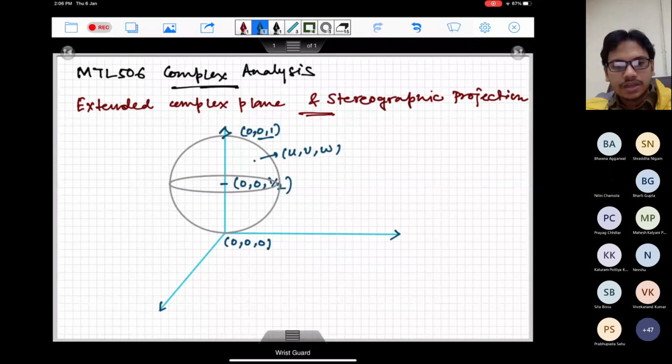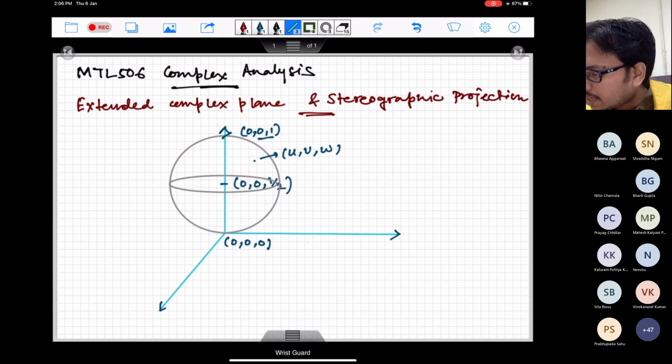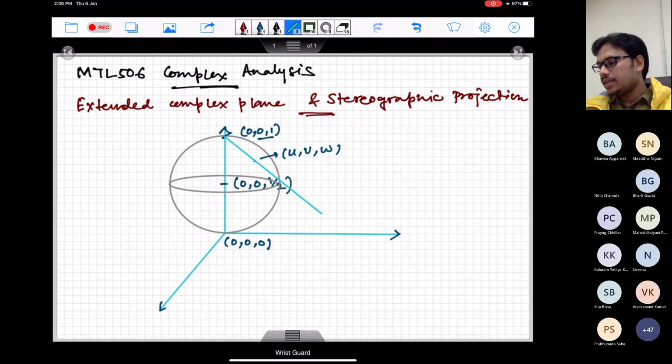This is a point on the sphere, and then I am going to find a complex number, or rather a pair of real numbers in the complex plane or in R^2. How do I do that? I am going to draw the straight line passing through the North Pole and the point that I have taken.